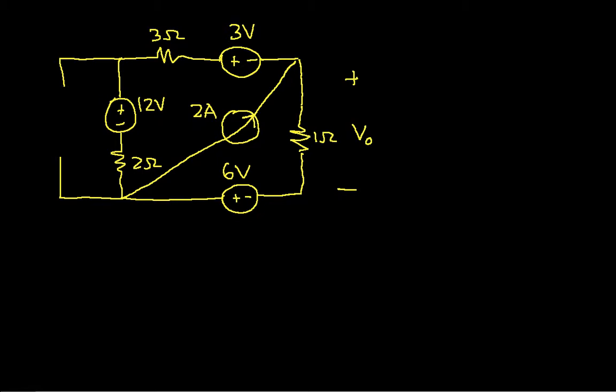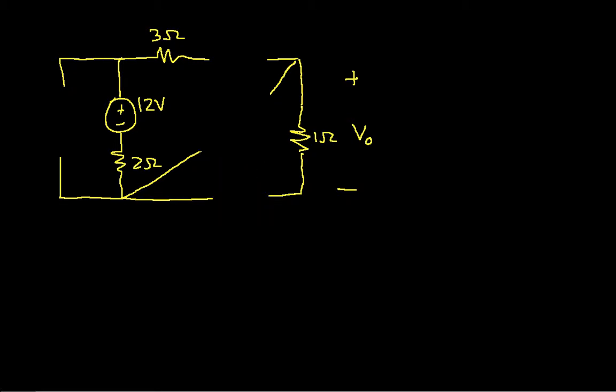I do that by replacing my current sources with open circuits, and my voltage sources with short circuits. So we replace these and these. I can now look at my circuit. Basically, what's left is a single loop circuit.